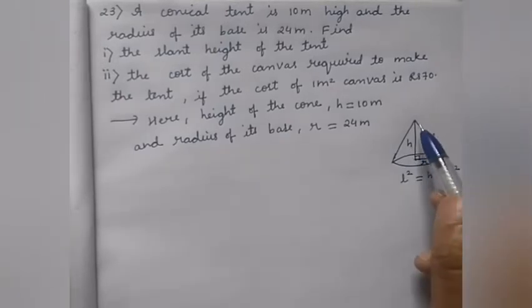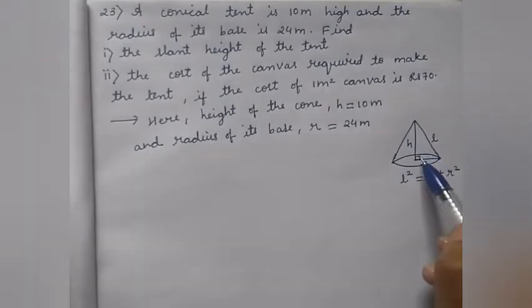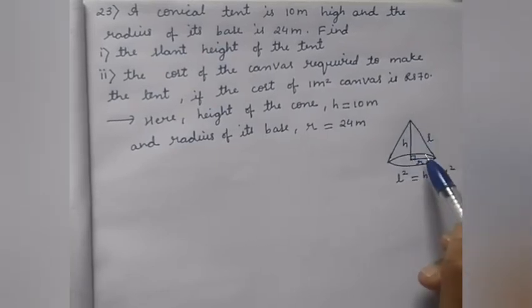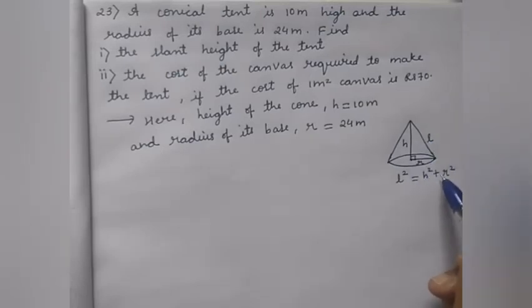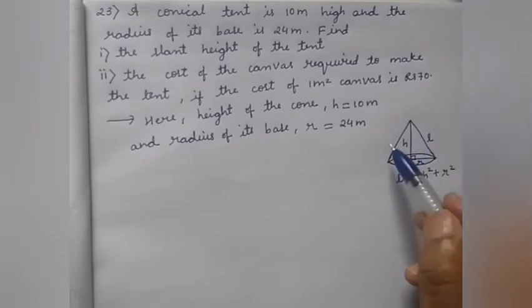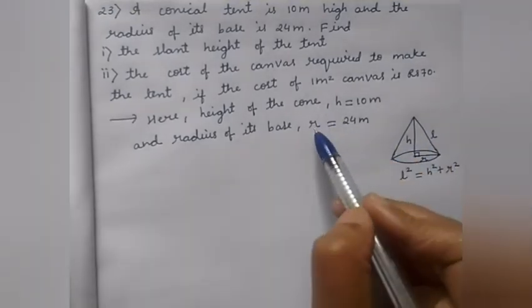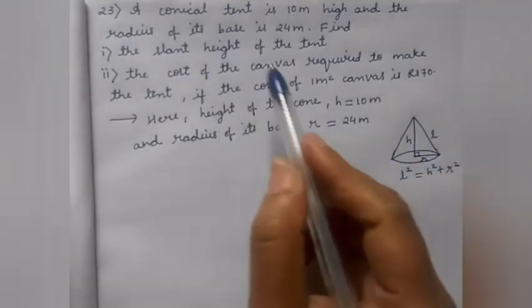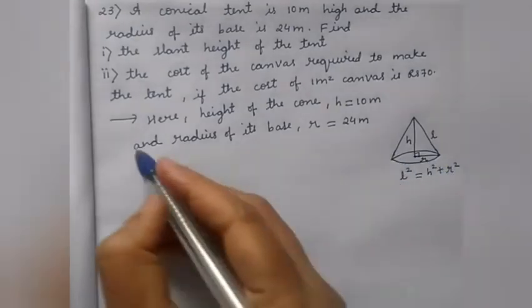Since it is a right angle triangle and opposite to the 90 degree angle is the slant height, we can apply the Pythagoras theorem and write L square, the hypotenuse side, is equal to h square plus r square, or r square plus h square. So we know h and r, and we can easily find the slant height L using this relation.